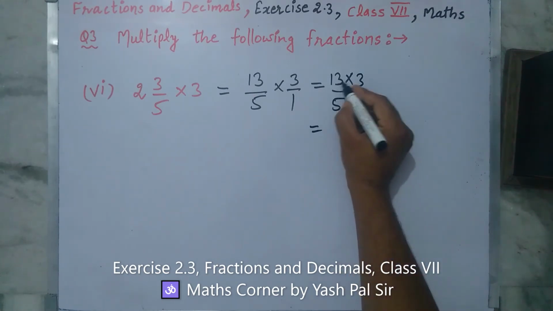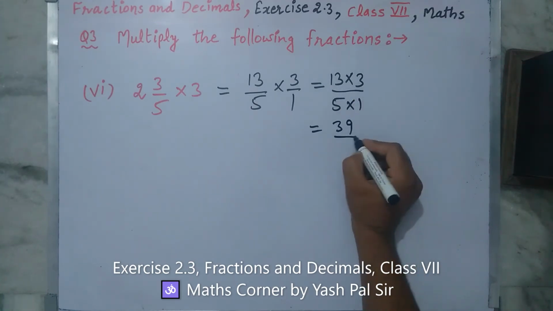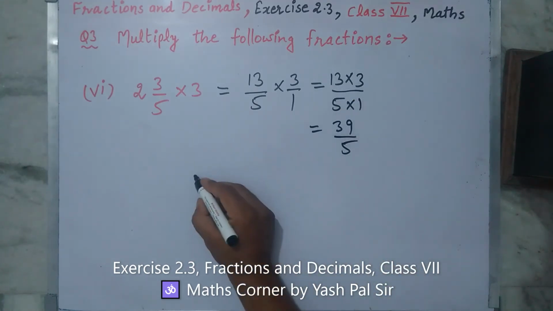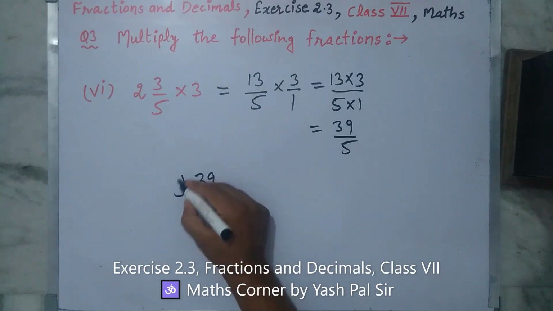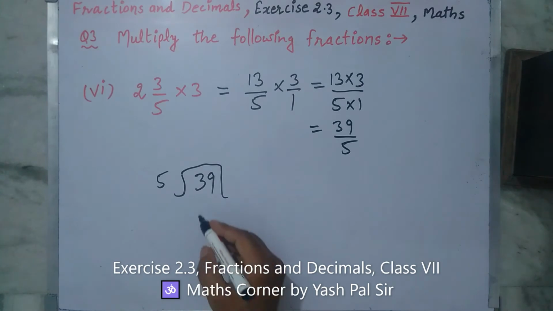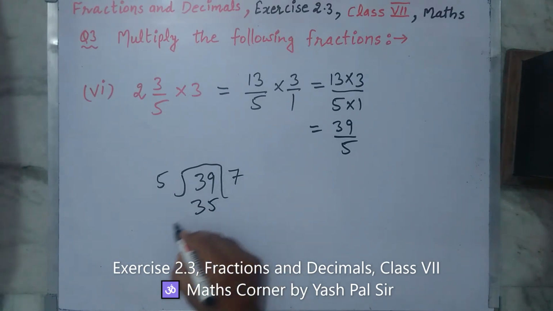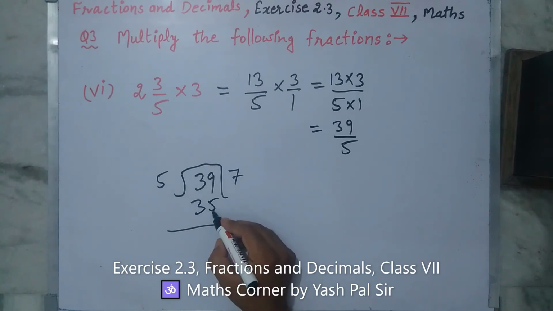This is equal to 13 into 3, meaning 39, divided by 5. Now we divide 39 by 5. 5 sevens are 35. 39 minus 35, 4.